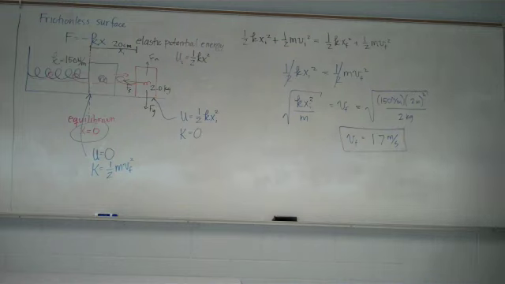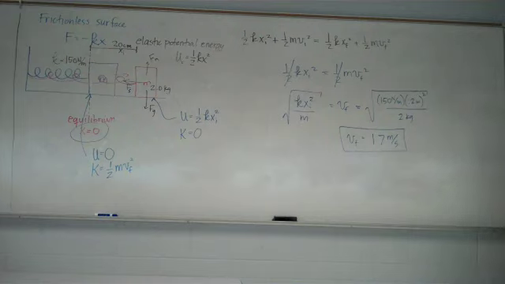So energy is very nice. It's an easy way to find the speed. It won't tell us the direction though. But we know the direction just by looking at the picture. We know the mass will be moving to the left. But energy itself will not tell us the direction.